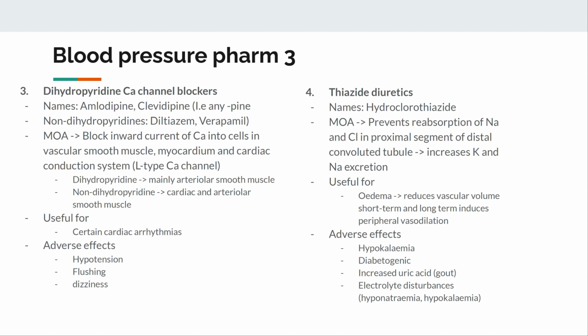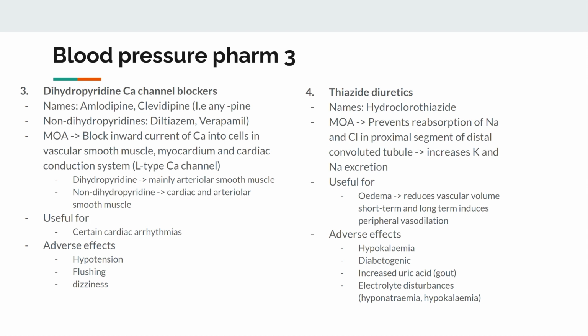The next class is your thiazide diuretics. One of these is hydrochlorothiazide. It's really anything with a thiazide at the end. That's most likely going to be a thiazide diuretic. This essentially prevents reabsorption of sodium and chloride in the proximal segment of the distal convoluted tubule. Essentially, it increases potassium and sodium excretion.